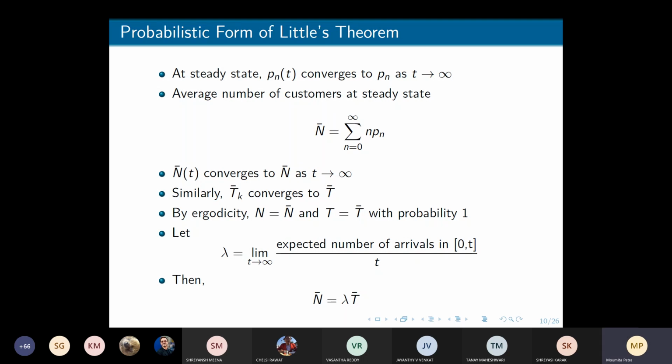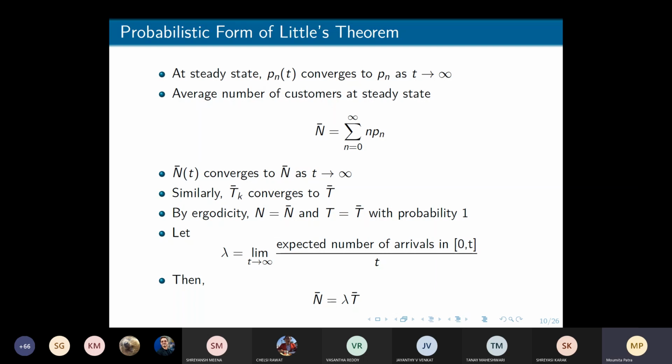Okay, I'll just give you a very simple definition of ergodicity. It simply means that the time average through any sample path of an experiment is equal to the ensemble average. Then we say that it follows the ergodicity property.